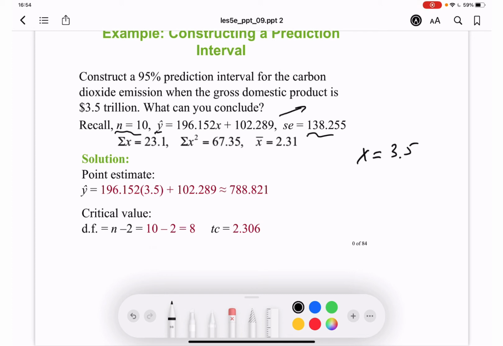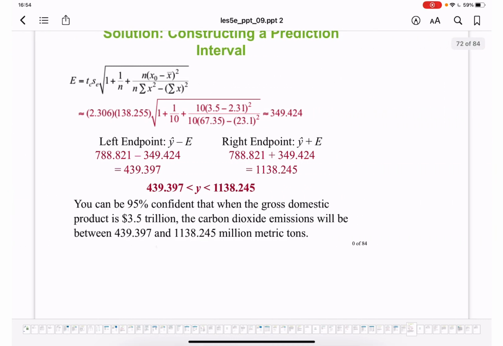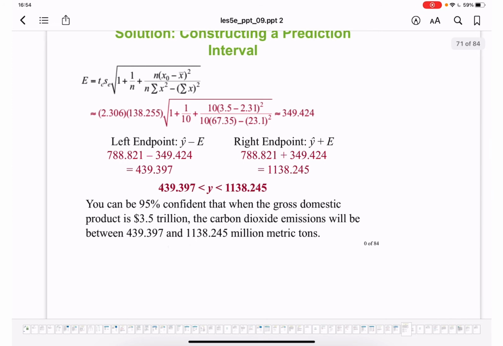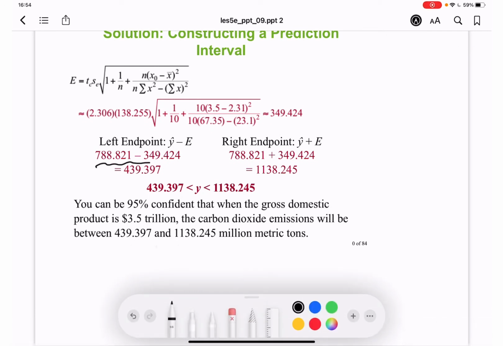Okay, let me see. Oh, here it is. So we are adding and subtracting here: y hat subtracting error, and y hat adding error.